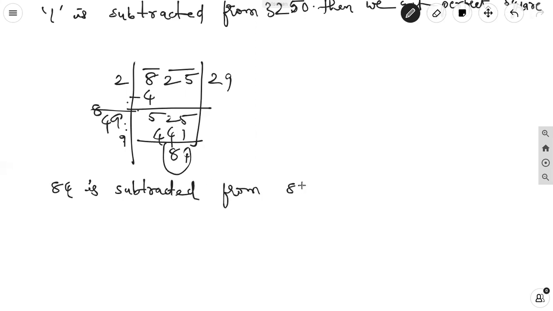84 is subtracted from 825, then it gets a perfect square.